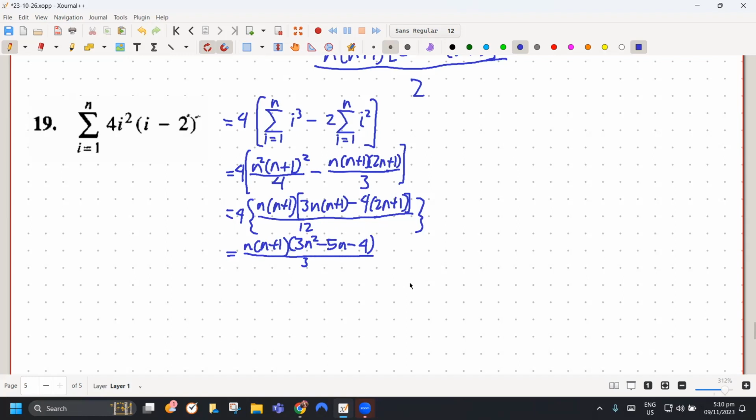Factorable yan eh. Yung mga roots ng polynomial methods. So, yan na yan. Okay. Number 20.